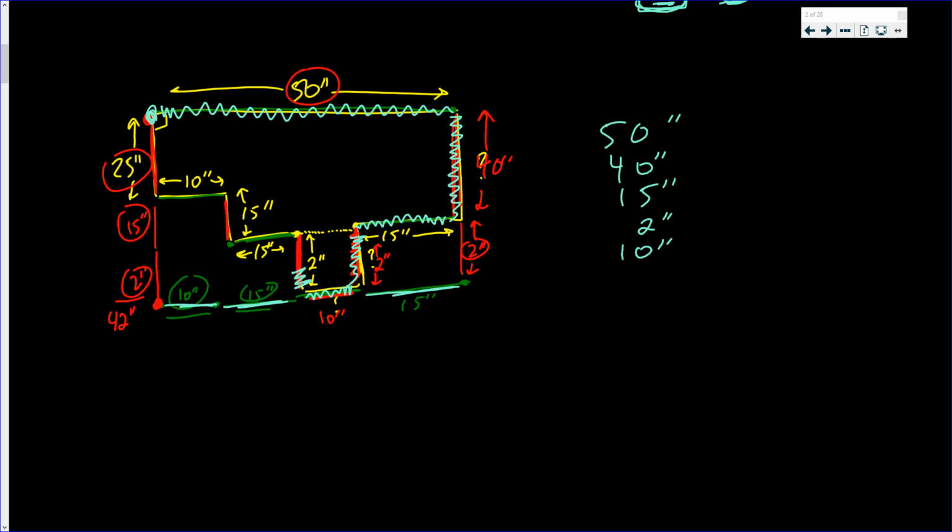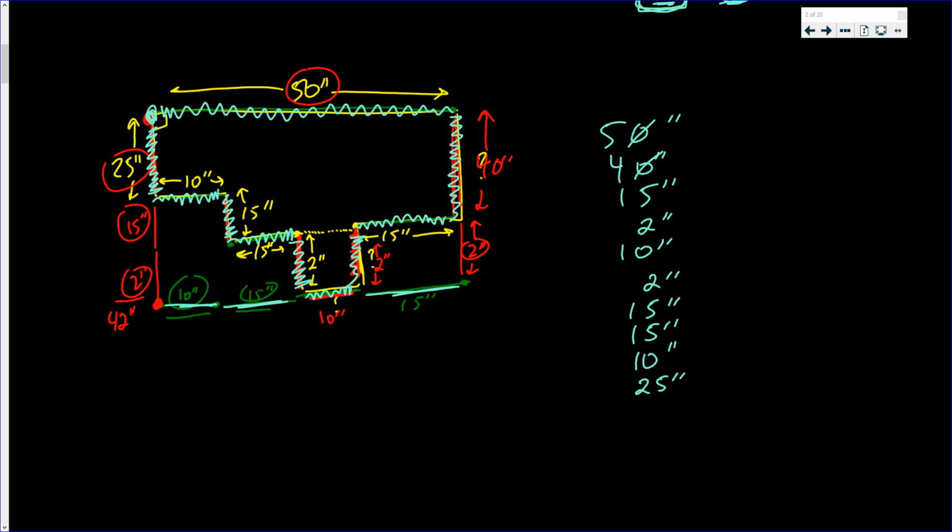And then I went up 2 inches. And then across 15 inches. And then up 15 inches, and then across 10 inches, and then finally to the starting point, another 25 inches.